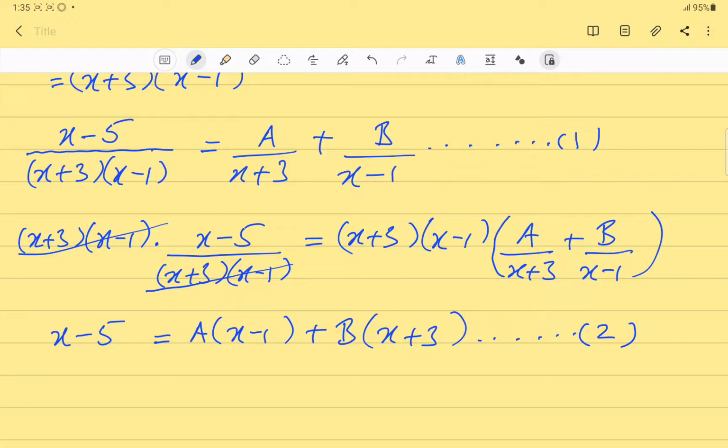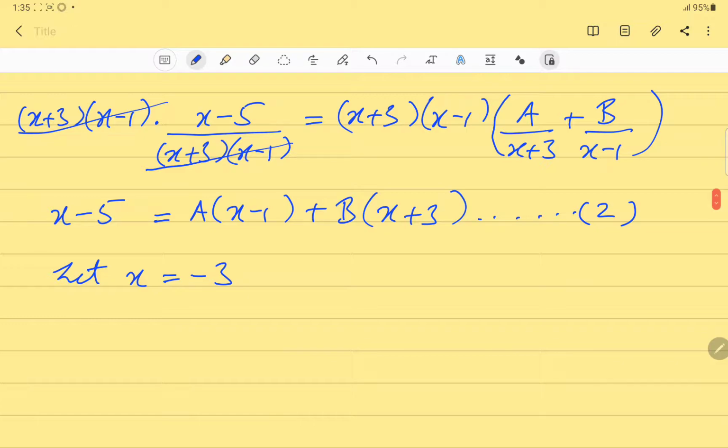Now we will be assuming different values of x to find out the values of the constants a and b. So for the first time we will assume x is equal to minus 3 in equation 2. So equation 2 will become minus 3 minus 5 is equal to a into minus 3 minus 1 plus b into minus 3 plus 3.